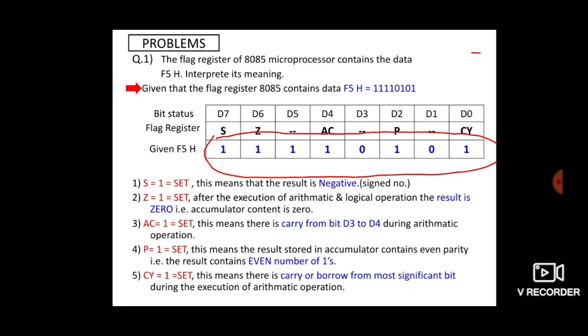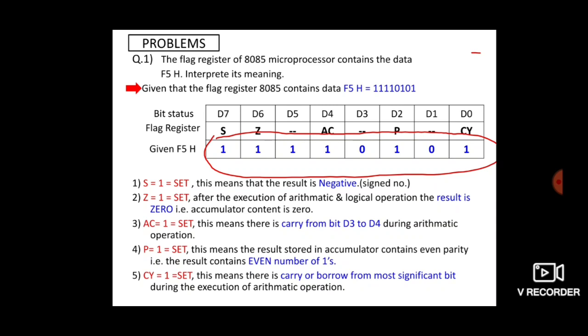Understood, students? Already 8 bits are there, and if a 9th bit is created during the execution of an arithmetic operation, the carry flag is set. The left side is also known as the most significant bit.